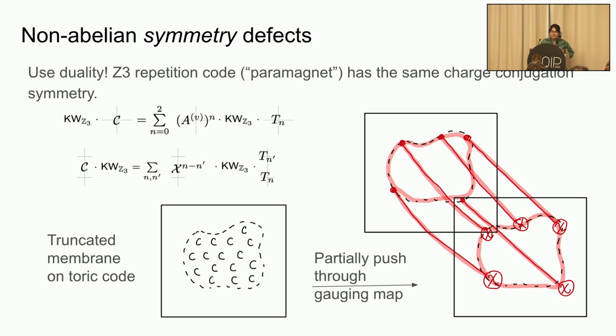So now I have some boundary action which is equivalent to Kramers-Vannier and then doing this, creating this closed charge conjugation defect. But it's a mixed action between my paramagnet degrees of freedom and my toric code degrees of freedom.